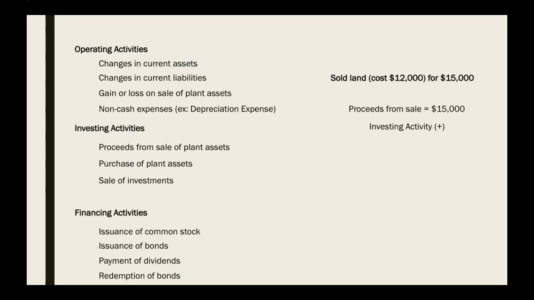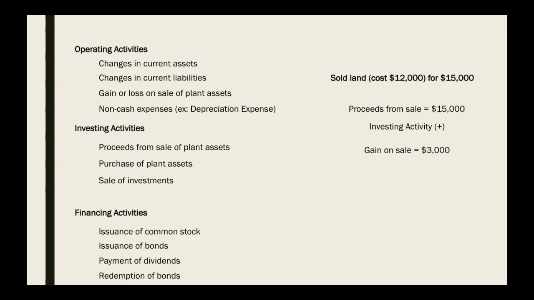Now, another important piece when doing a statement of cash flows is figuring out, is this going to be added or subtracted on the statement? Well, it's all about what's happening to your cash. So if we sold land for $15,000, that means that we got $15,000. So we would add that $15,000 to our investing activities. And then we had this gain on the sale of $3,000, right? $15,000 minus $12,000.